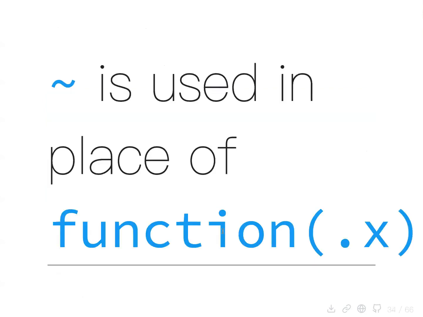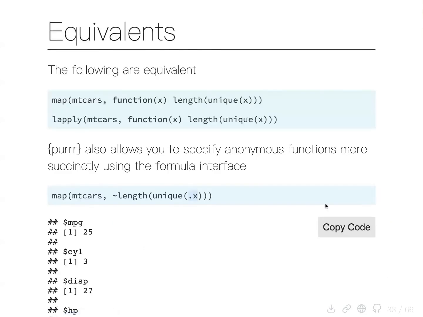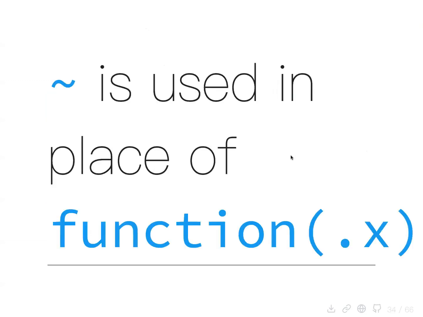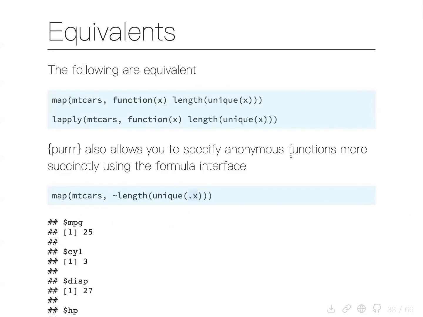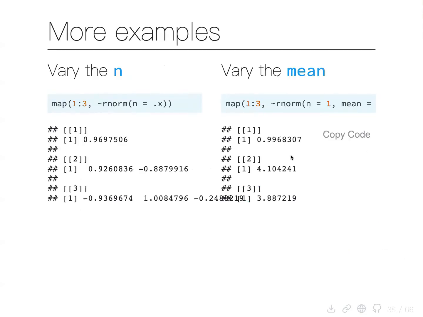So just to be a little more explicit, the tilde is used in place of function(.x). Normally we use function(x), which is a very common one, so they use .x to distinguish from that. But if you wrote function(.x), that's the exact same thing as the tilde, and then using the .x where you want it. So it's just a little bit more compact syntax. Okay, so that's one helper.